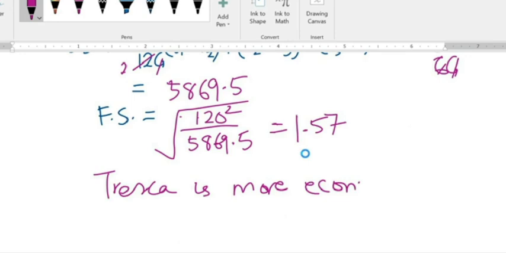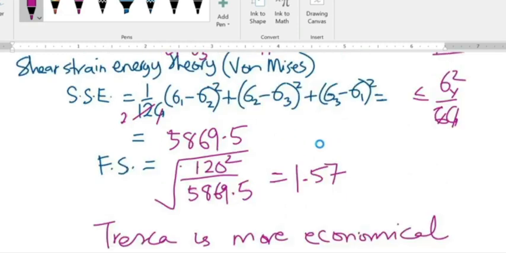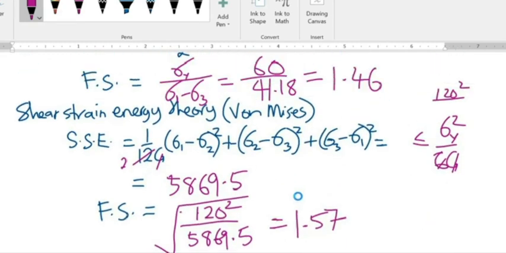That's conservative, economical. Factor of safety tells you how you can either economize or waste your material, right? Because you are not using material to its full potential. So you can see the value for the shear strain energy theory is greater.